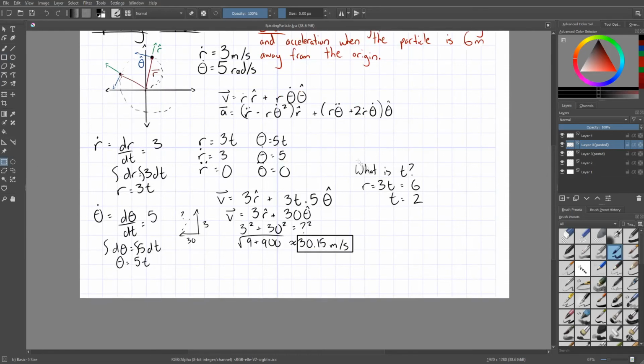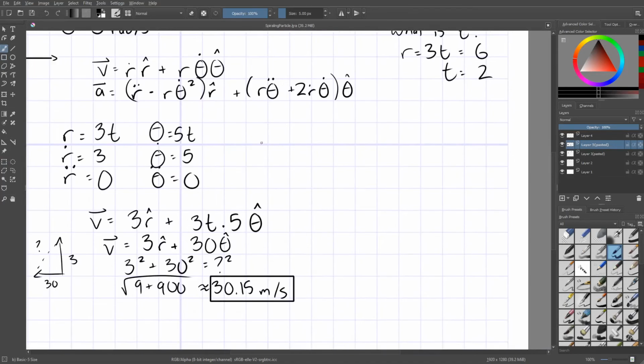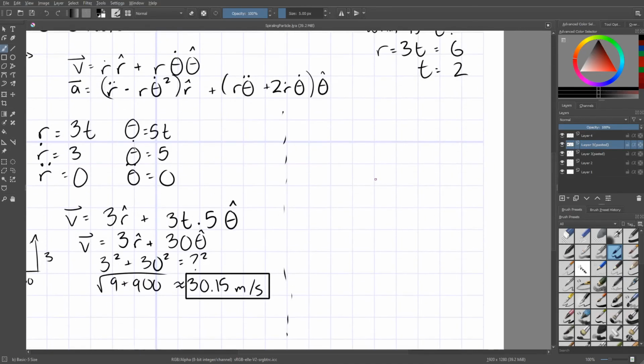Now we'll do the same thing with the acceleration. Go ahead and just separate this off. So I said that here's the formula for acceleration right there, so I'll just be plugging into that.